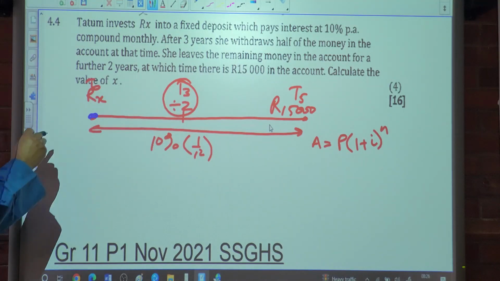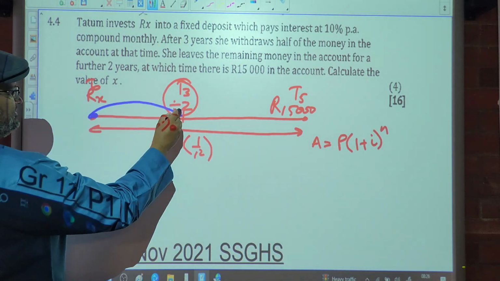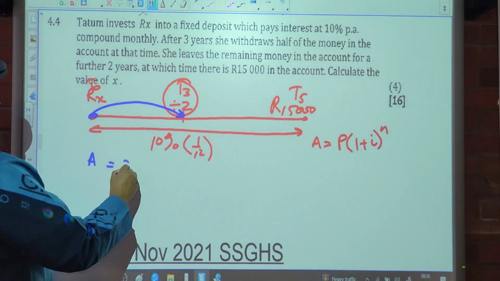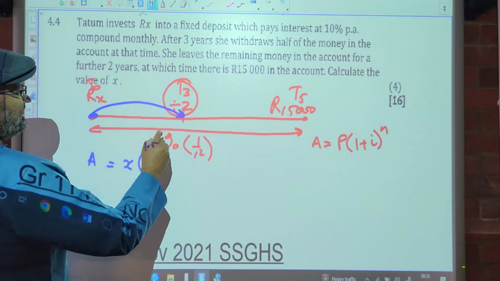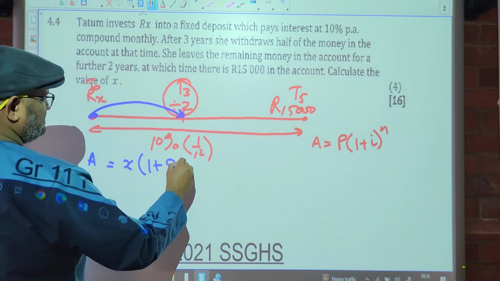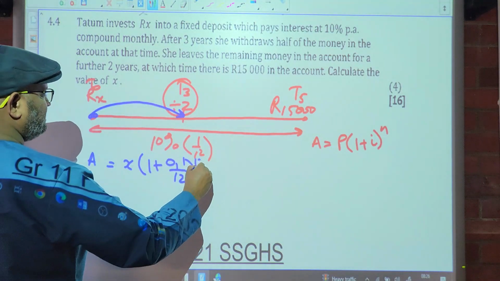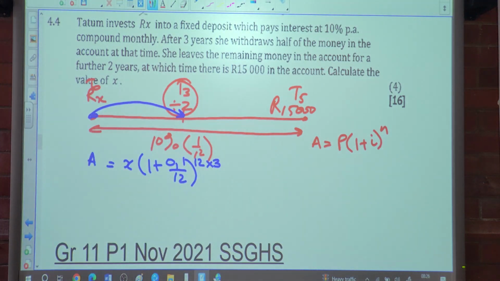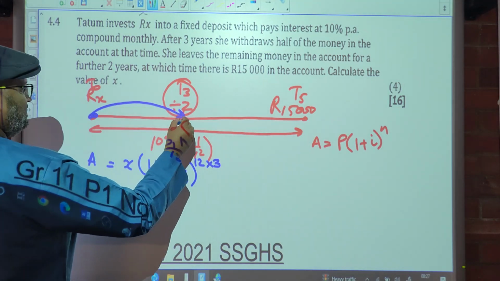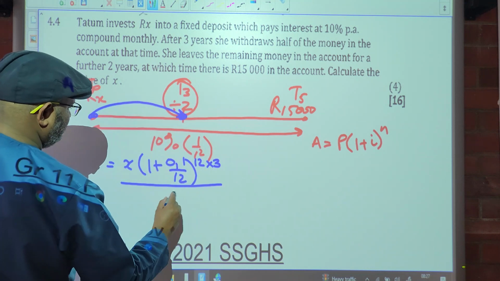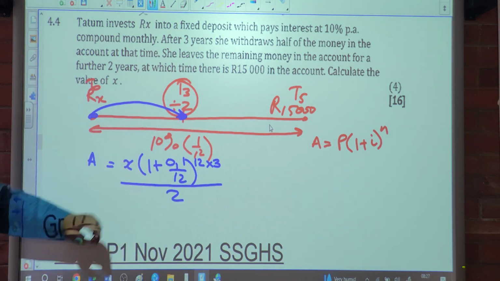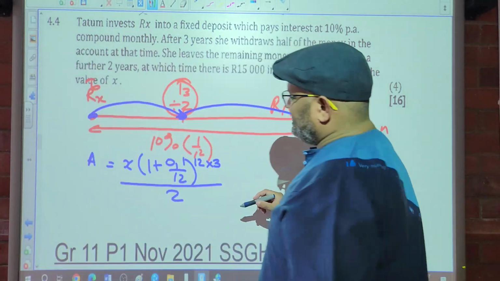So what I say is I'm going to work this out till here. So A is equal to P, which is X, into 1 plus i, which is 0.1 over 12, to the exponent 12 times 3. But what happens at that point? They draw half of the money. And that now becomes a principal for the remaining time.